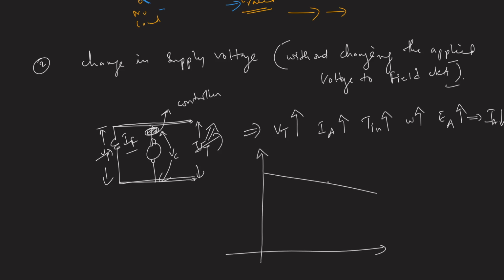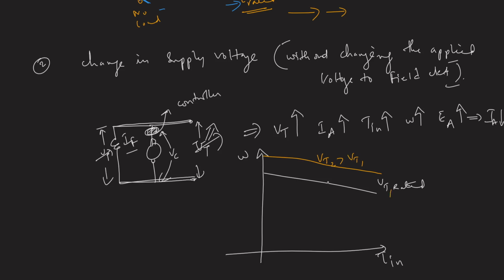if this is the normal curve, omega versus tau induced with some rated VT, right? Now if I increase the VT, the speed will be higher like this. So this is VT2 greater than VT1 or VT rated, if this is the VT1 rated value.